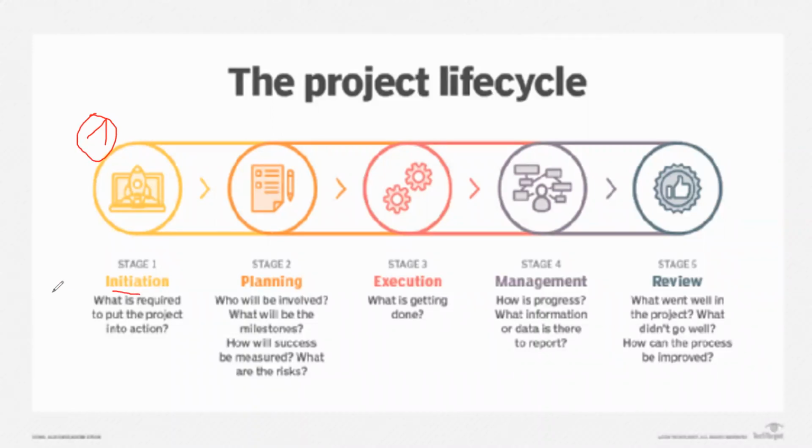You have to initiate your project. What is required to put the project into action? How to start the management of this project, or even how to start working on it? This is the initiation, which is, of course, the first stage.